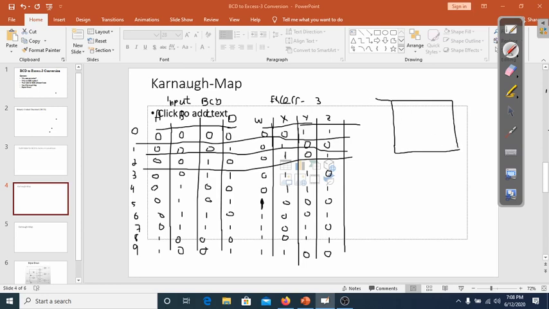This is the function W that I am going to simplify. Here is CD, and here are the first 2 bits, A and B.